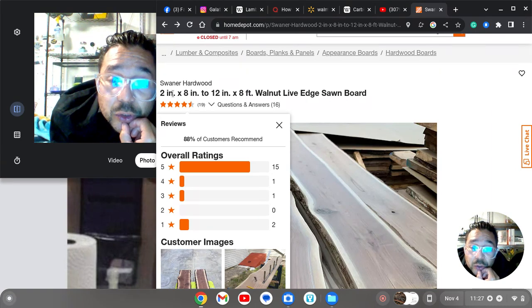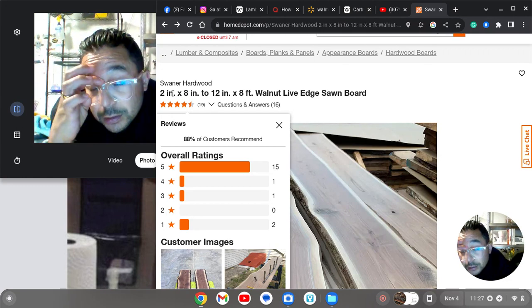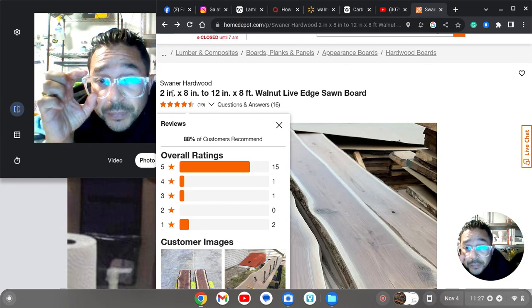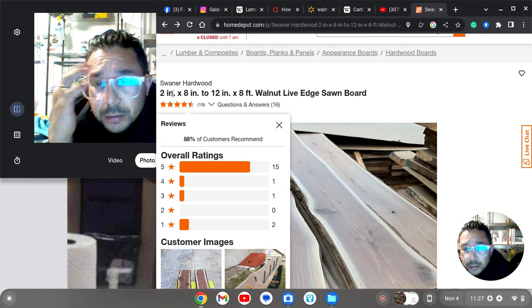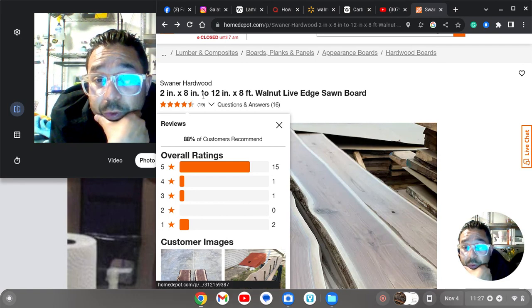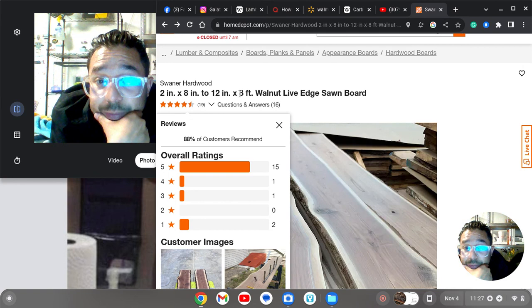Oh, 2 inches thick, like the height, the depth, the thickness. 8 inches or 12 inches by 8 feet.